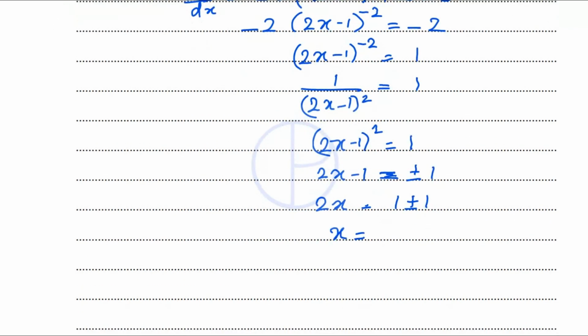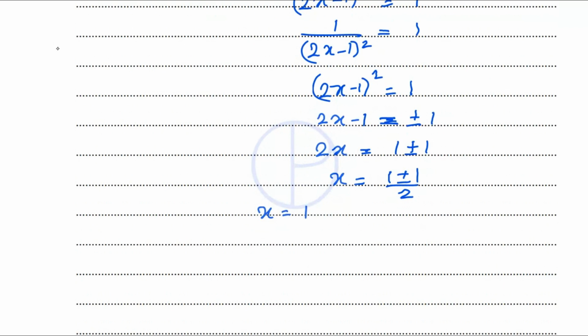So x equals 1 plus or minus 1, divided by 2. That means x equals (1 plus 1) divided by 2, which is 1. And 1 minus 1 is 0, and 0 divided by 2 is 0. So x takes the values 1 and 0.